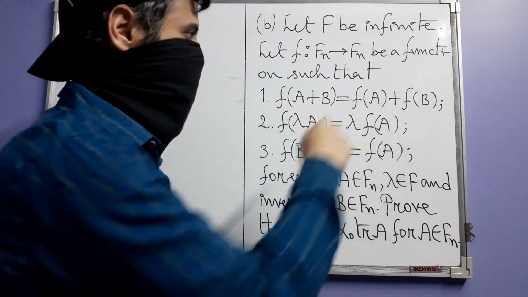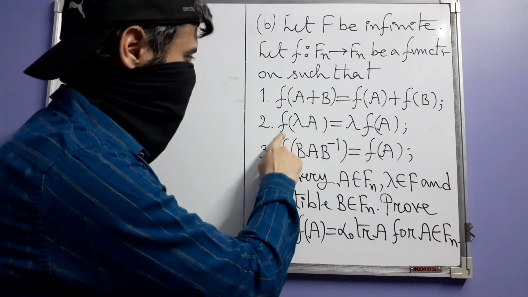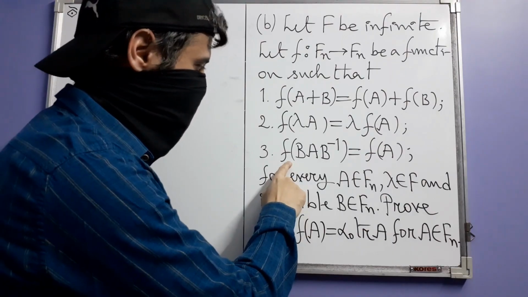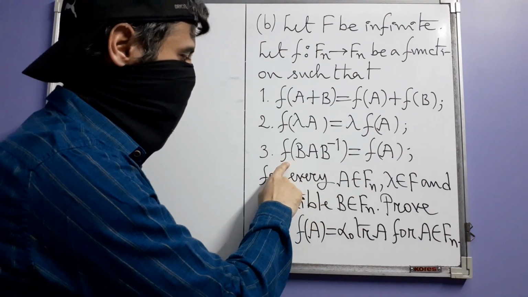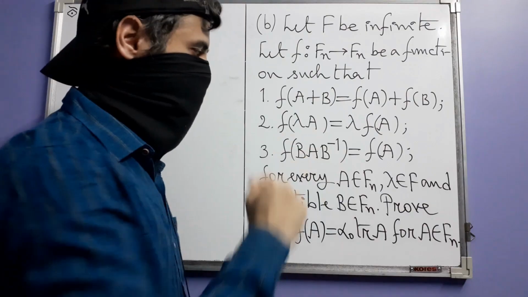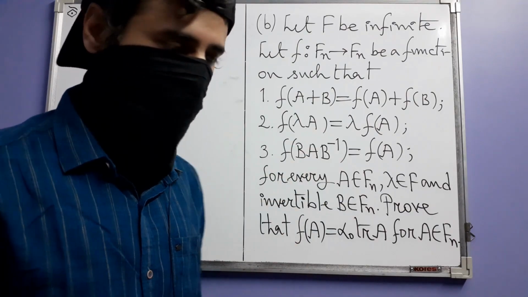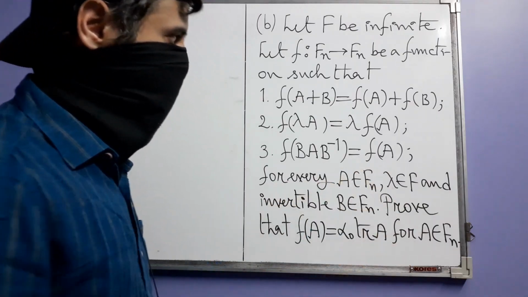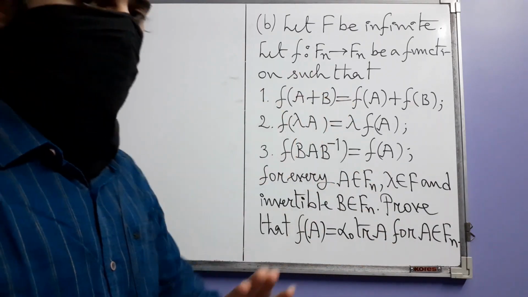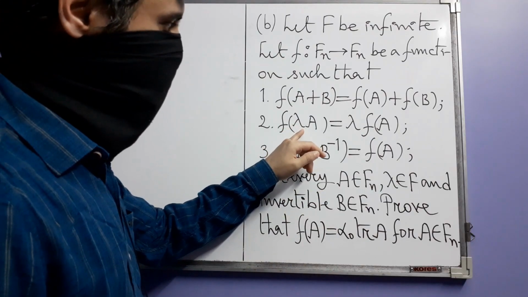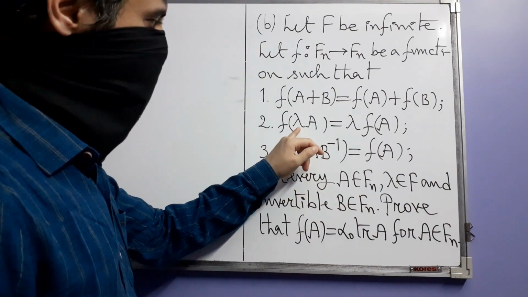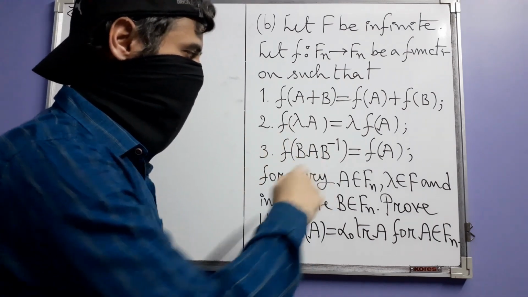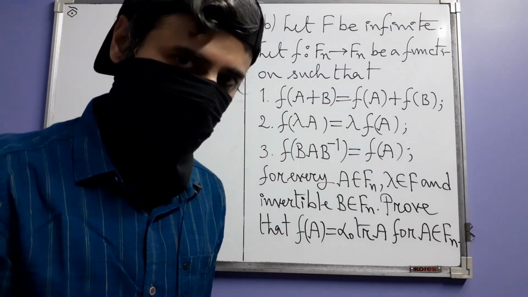F respects matrix addition, F respects multiplication of a matrix by a field element, and F also satisfies this third property that f of B A B inverse is equal to f of A, and all these properties of course are true for every A in Fn and every B in Fn for the first property. For the second property, for every A in Fn and every field element lambda, and for the third one, for every A and B in Fn where B is invertible.